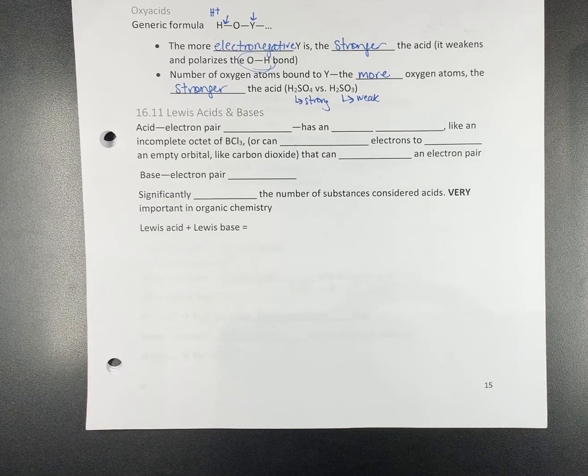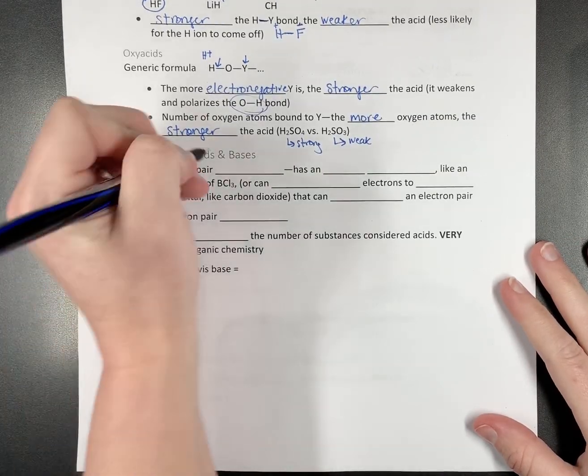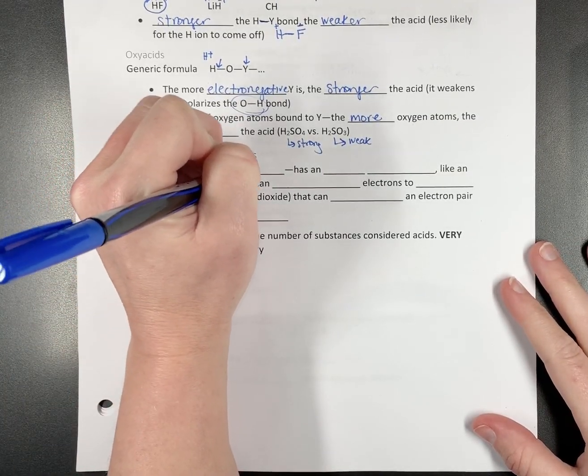Now here, I talked about Lewis acids and bases at the beginning of the chapter. The book doesn't talk about them until the very end. Again, if you're going to be taking organic, please keep this handout. You will appreciate it. So according to the Lewis definition, acids are electron pair acceptors.